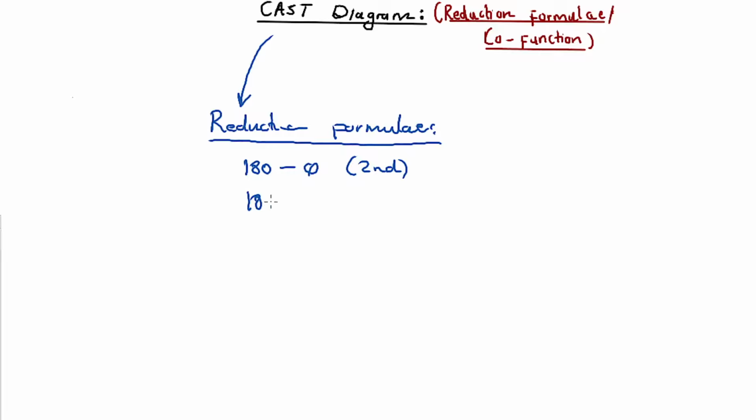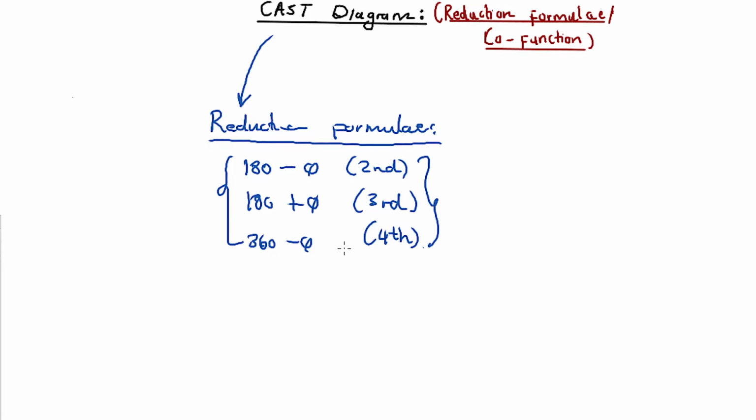We also have this, which is in the third quad. We also have this, which is in the fourth quad, right? These are the reduction formulas. These are used for reducing angles from obtuse or reflex to special angles, right?